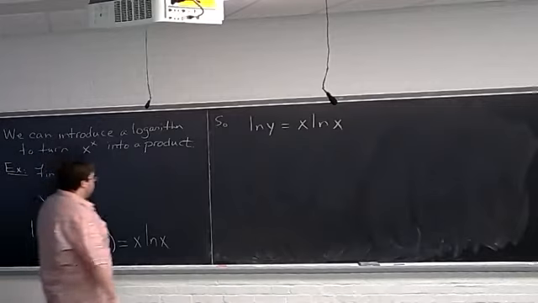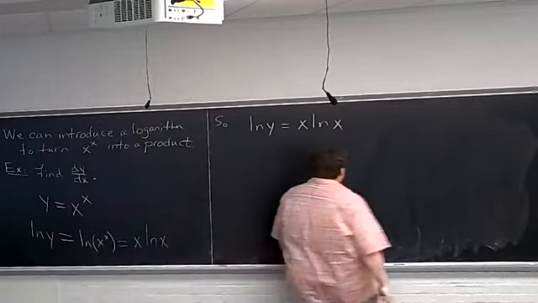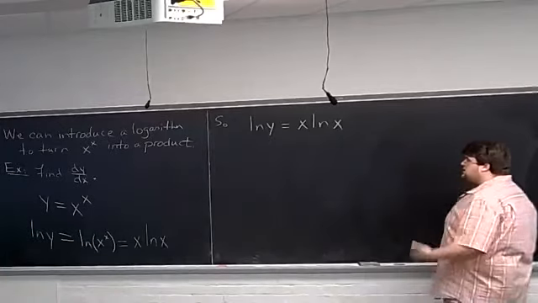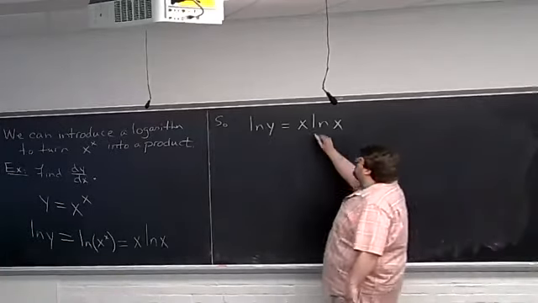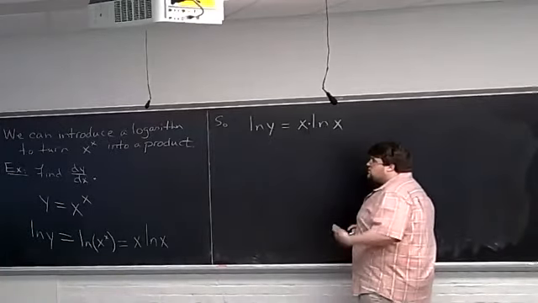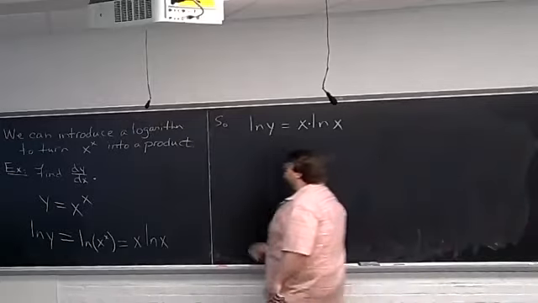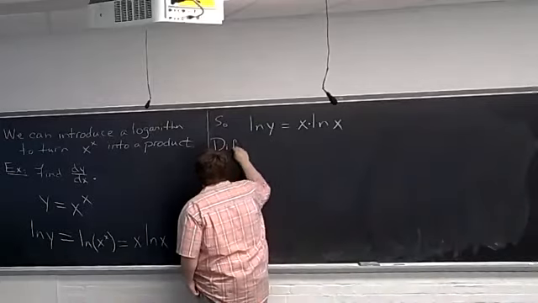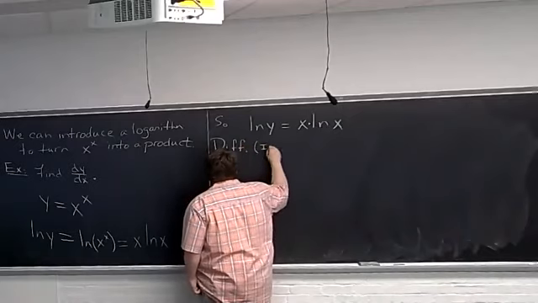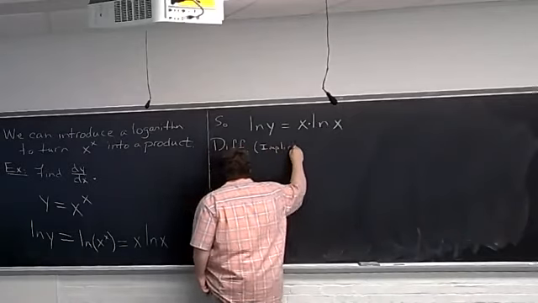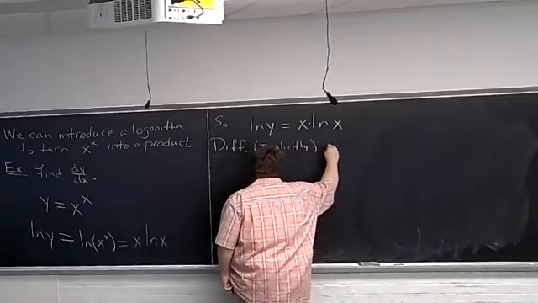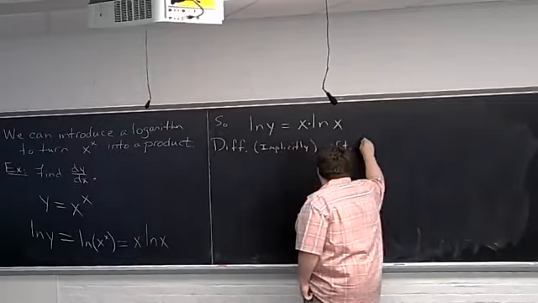So what we can do, throw a logarithm on it and apply implicit differentiation, because now we can take all these derivatives. So let's do that. I'll say differentiate implicitly with respect to x.